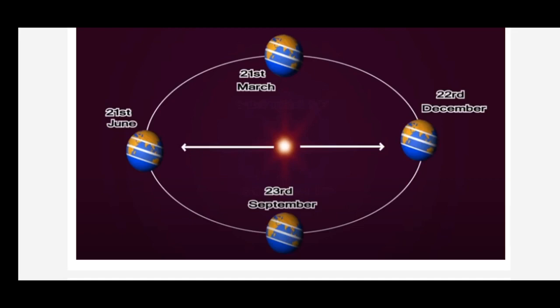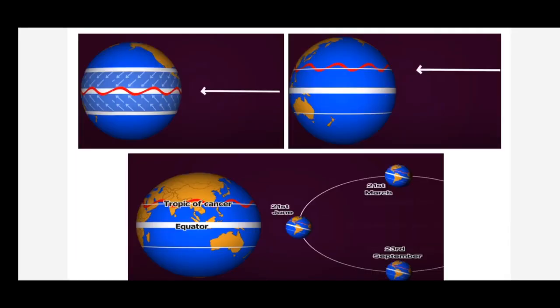Then on 22nd December, the vertical rays of the sun fall on the Tropic of Capricorn, and once again on 21st March, they fall on the equator. So from 21st March till 23rd September, the vertical rays of the sun fall on the northern hemisphere and the apparent movement of the sun is in the north.